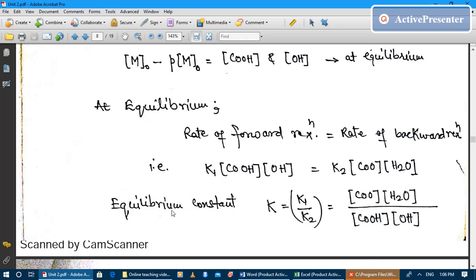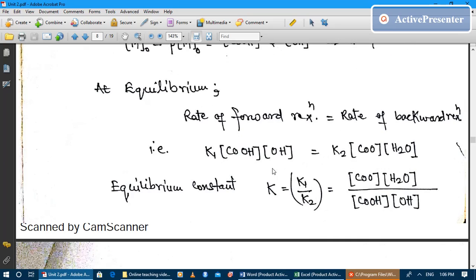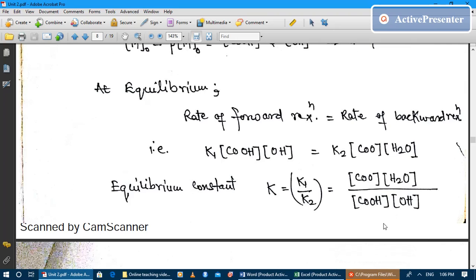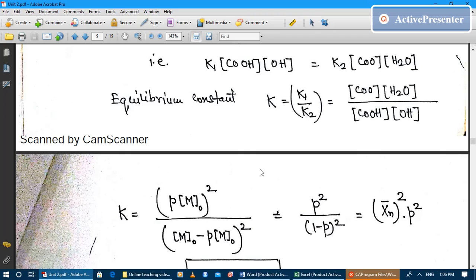So at equilibrium we can define the equilibrium constant capital K as a ratio of forward and backward rate constants. So this ratio K1 over K2 will be the ratio of the concentration of the polyester and water over the concentration of the reactant carboxyl group or hydroxyl group, or we can say diacid or diol.